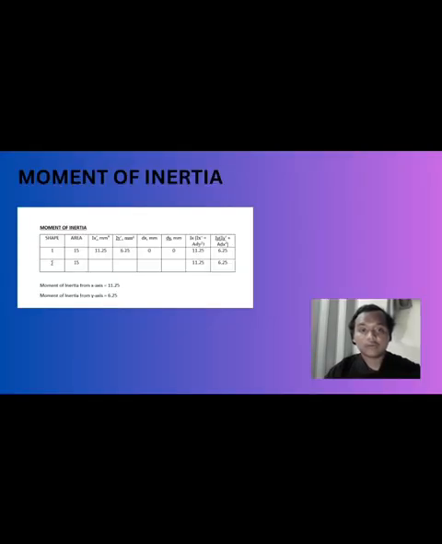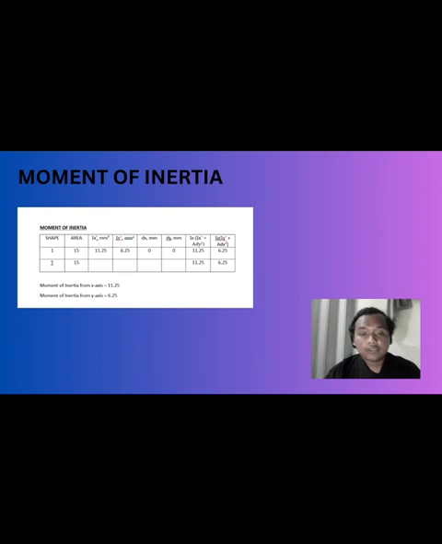So this is the moment of inertia of the shape. I also made a table that has the shape, area, Ix prime, Iy prime, dx, dy, Ix, and Iy.